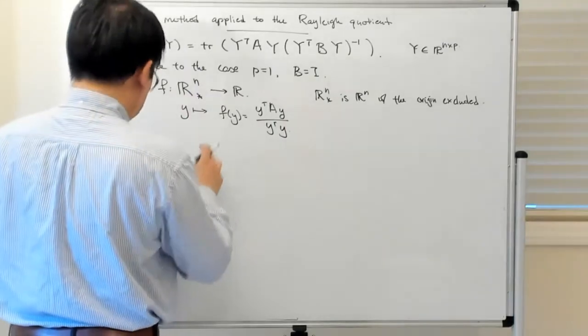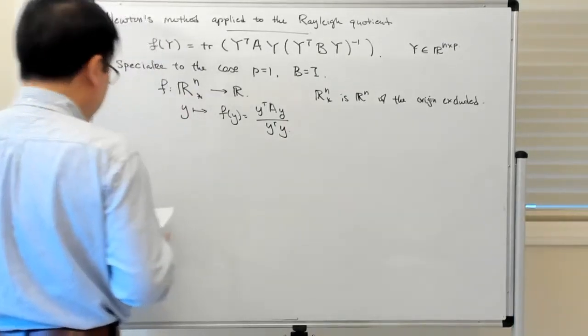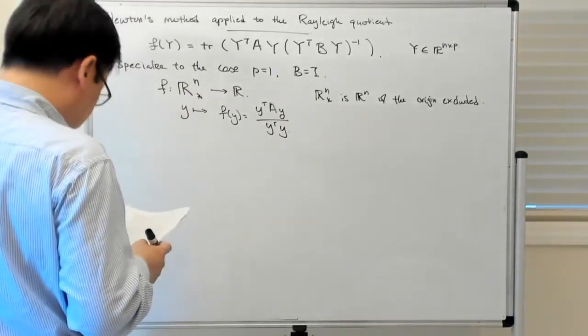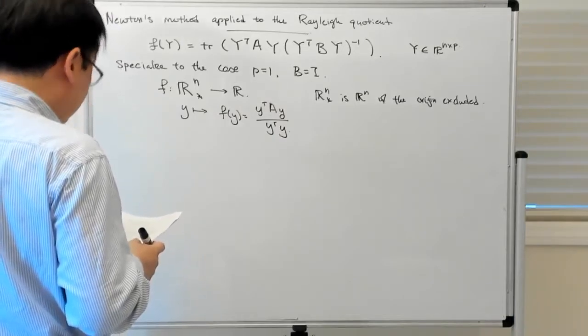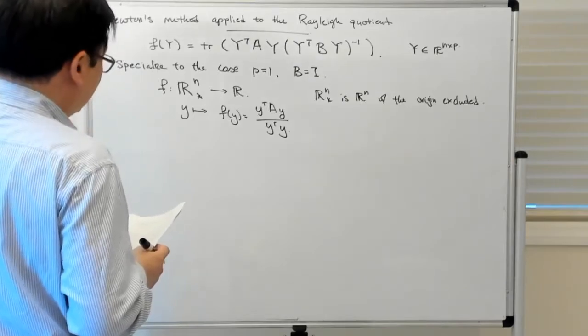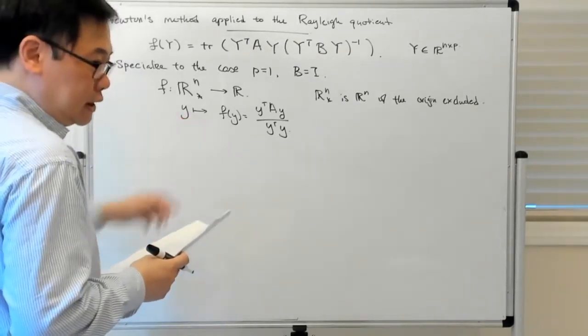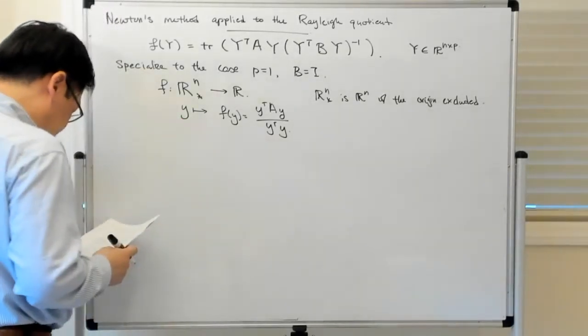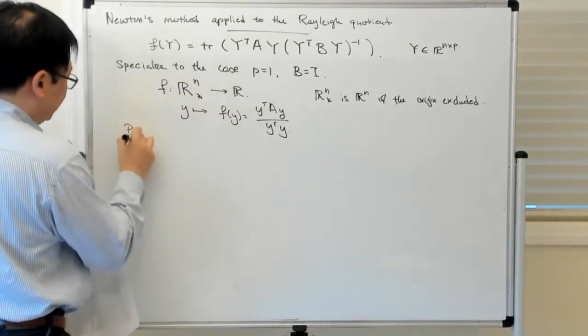What's perhaps a bigger deal is that when you apply the Newton method to this cost function, bad things happen. Let's see what happens.